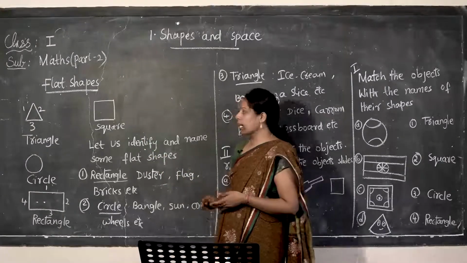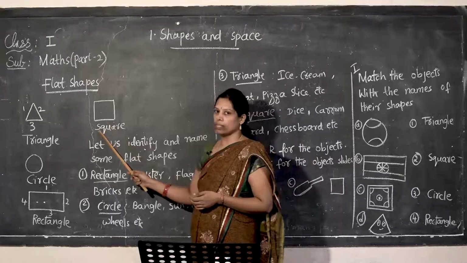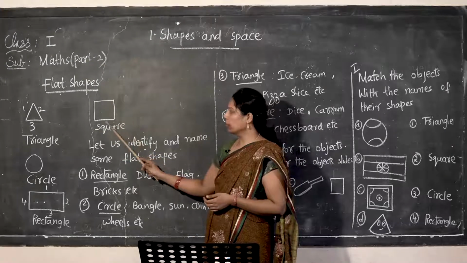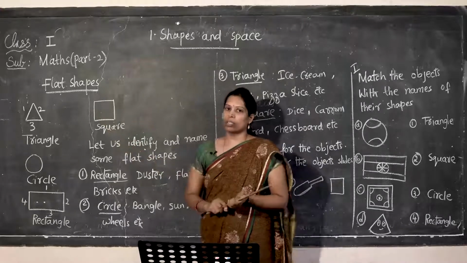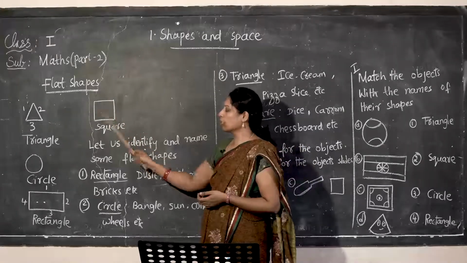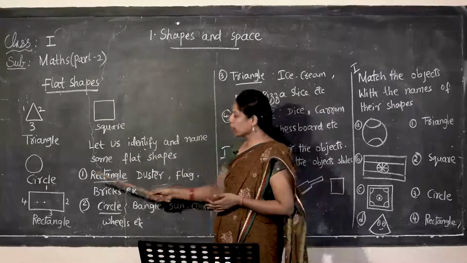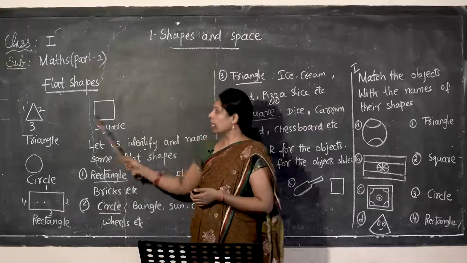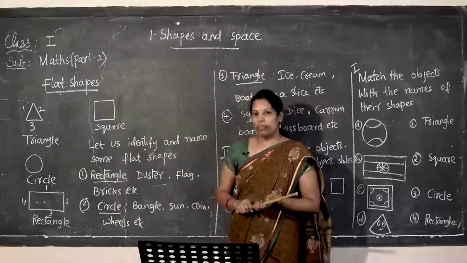Next, the last flat shape is a square. So, how many sides does a square have? It has 4 sides. 1, 2, 3 and 4. What is the difference between a rectangle and a square? The rectangle has 4 sides and the square also has 4 sides.